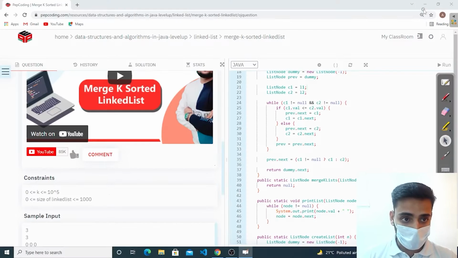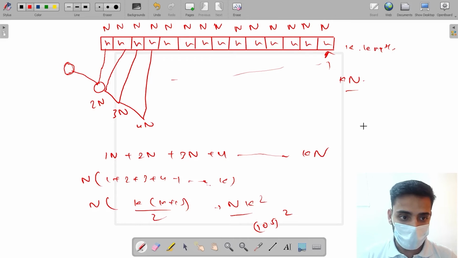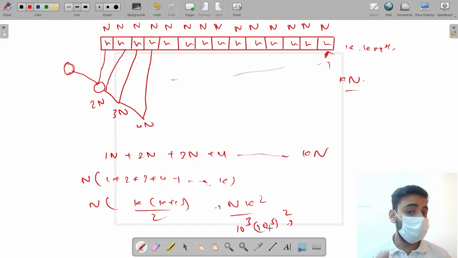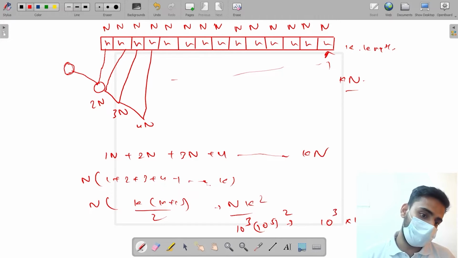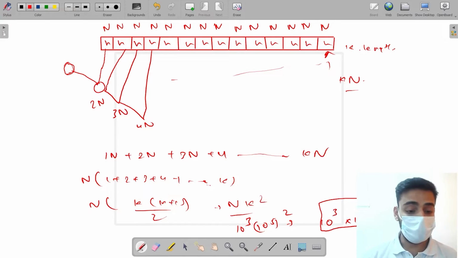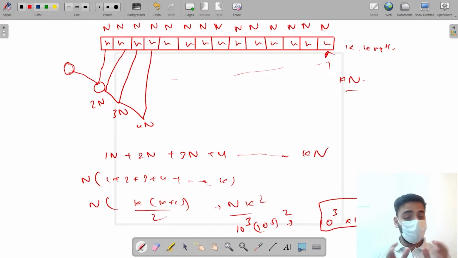The value of n, meaning the size of the linked list, can vary from 0 to 10 to the power 3. So the resultant complexity will be 10 to the power 3 into 10 to the power 10, which is 10 to the power 13. As you know, this can't pass the test cases.